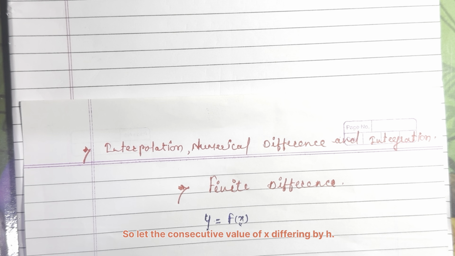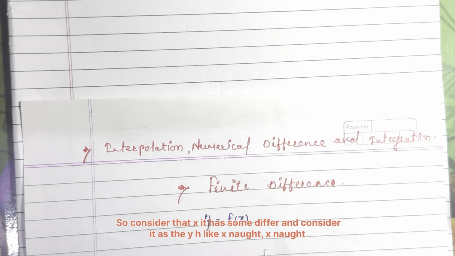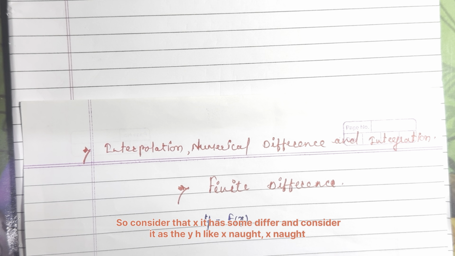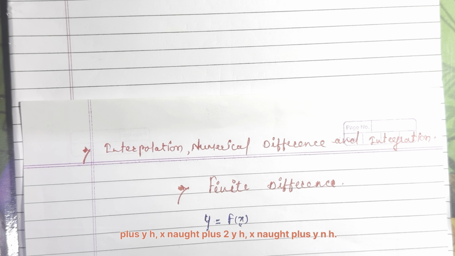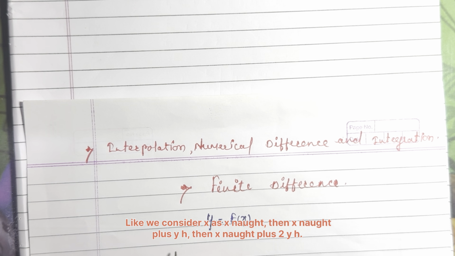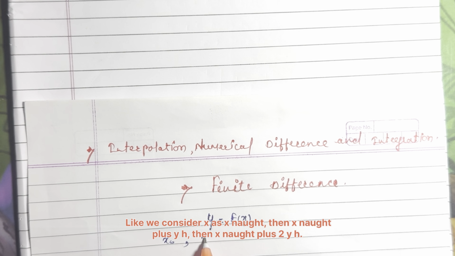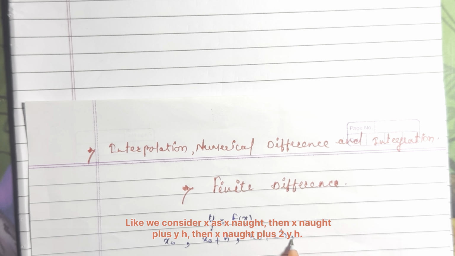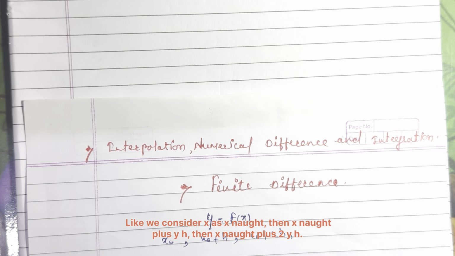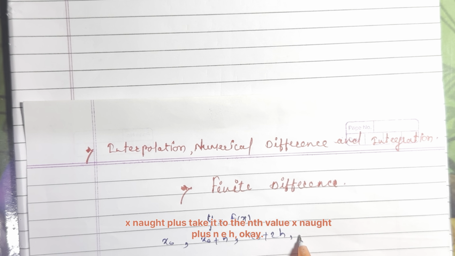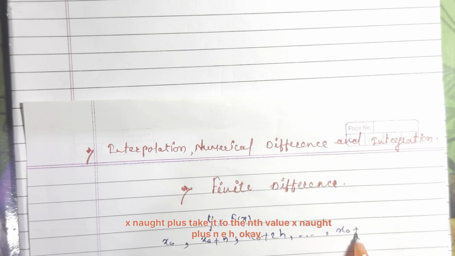So let the consecutive values of x differ by h. Consider that x has some difference, and call it h, like x naught plus h, x naught plus 2h, up to x naught plus nh. We consider x as x naught, then x naught plus h, then x naught plus 2h, and so on to the nth value, x naught plus nh.